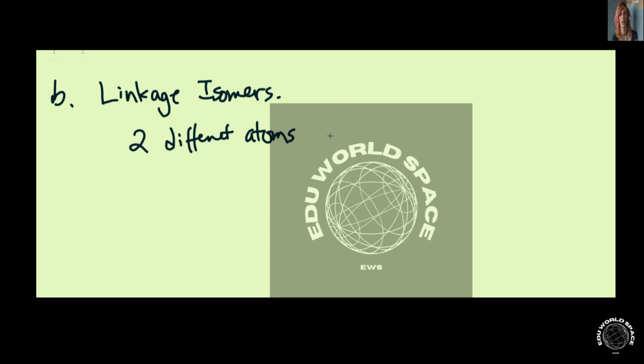So therefore, they can link to the metal through either atom. And this type of linkage will give linkage isomers. Examples of donating atoms could be sulfur, nitrogen, oxygen, etc.